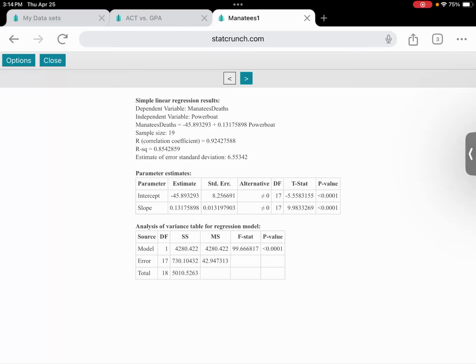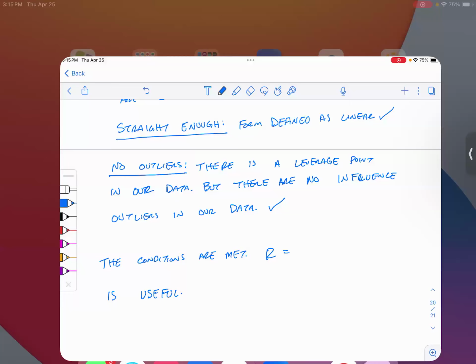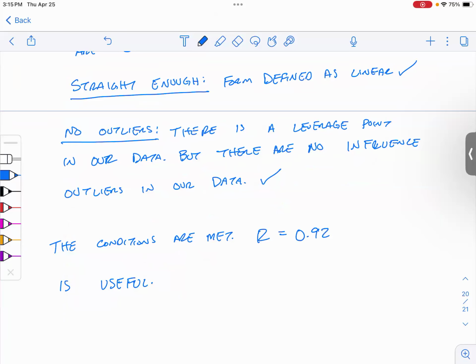And then R is 0.9243. So conditions are met, R equals 0.9243 is useful, right? And that's always what it is. By identifying R as useful, that means we can proceed to regression. So our conditions did not fail this time, so we can keep going.